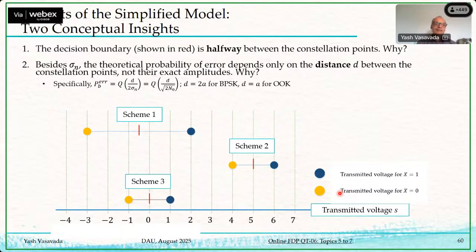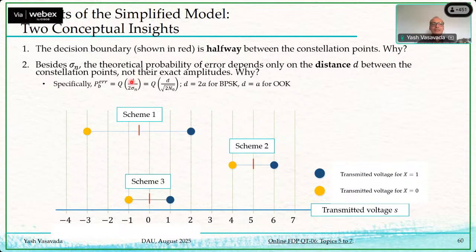And so that error expression that we had, Q function of A divided by sigma n, well, A is D divided by 2, right? What is the distance between two QPSK symbols at plus A and minus A? Distance is obviously 2A, because one is at plus A, another is at minus A. The distance between them becomes 2A.